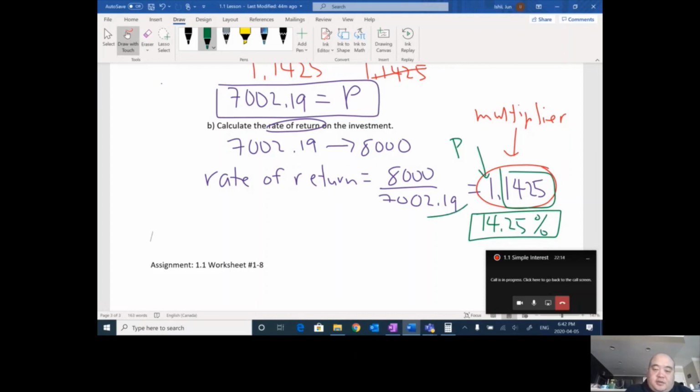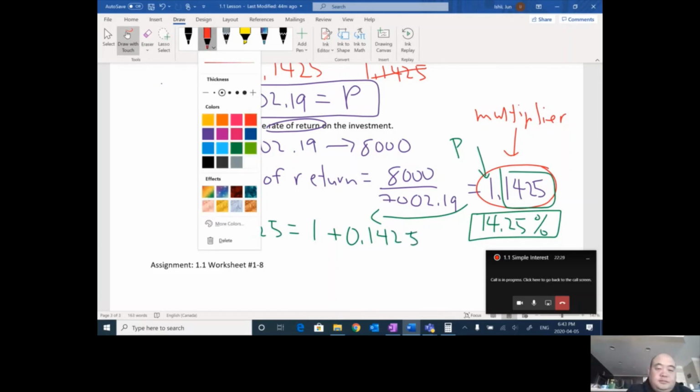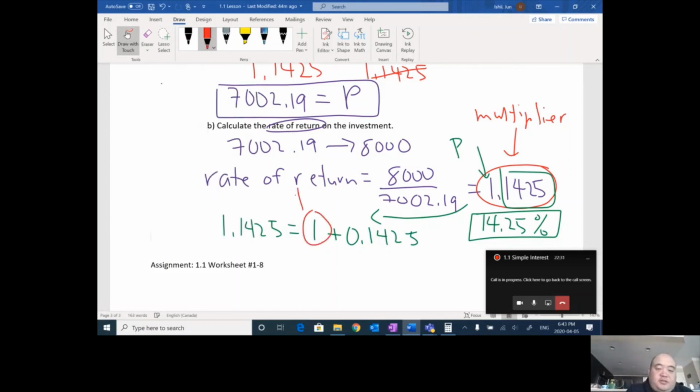Actually, I just thought of a better way to explain that. 1.1425 is the same as 1 plus 0.1425. This 1 represents the principal. This 0.1425 represents the interest.